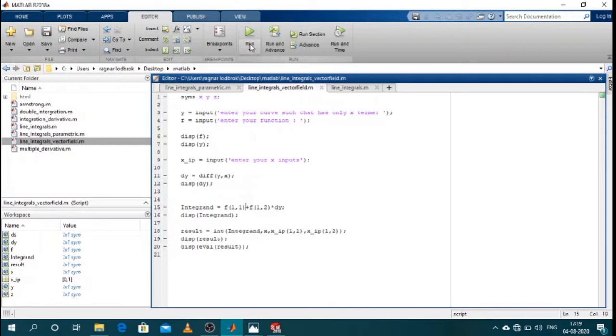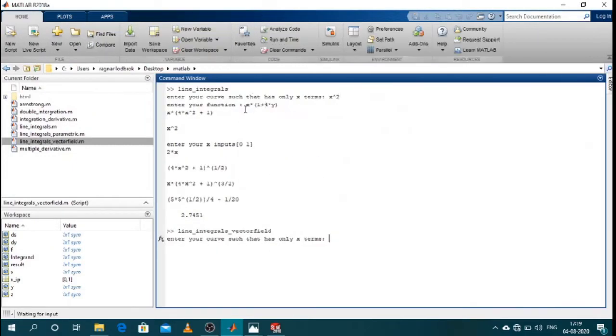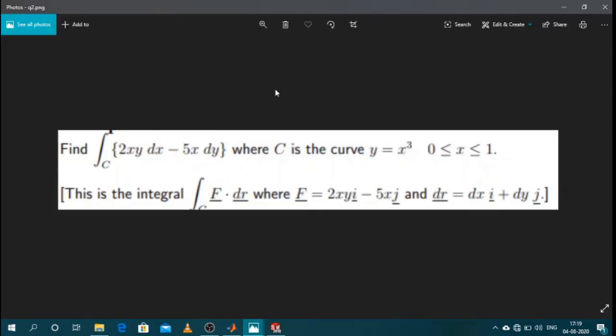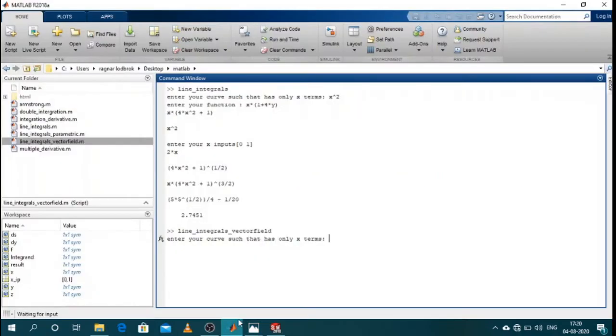Let's take an example where your vector field is 2xy i bar minus 5x j bar, and dr bar is dx plus dy. First we enter the curve in terms of x.